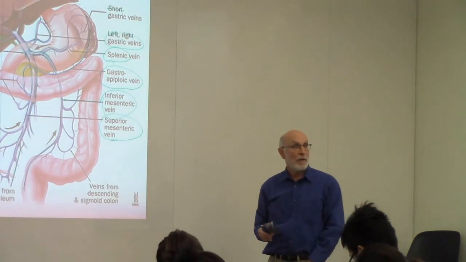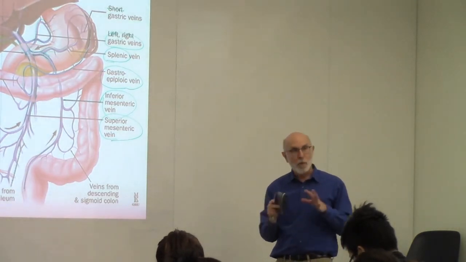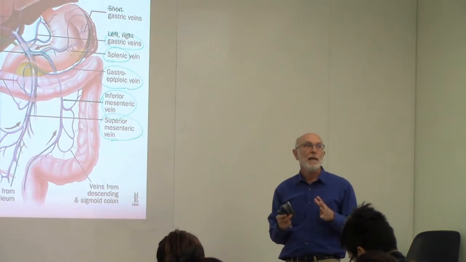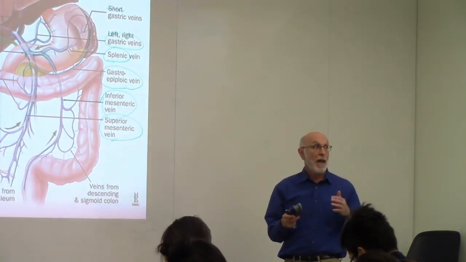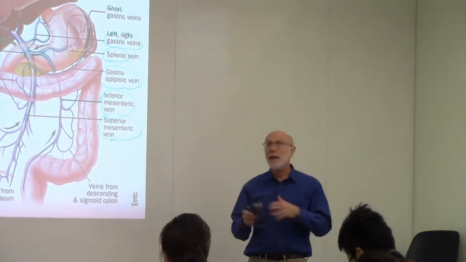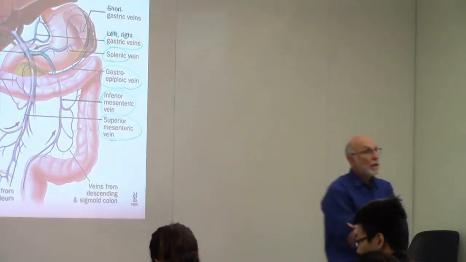Okay, questions about that? Remember what we're trying to do is talk mostly about the blood flow to the liver. And we have arterial blood and venous blood to the liver. Zoe? So where does the gastric vein take blood?